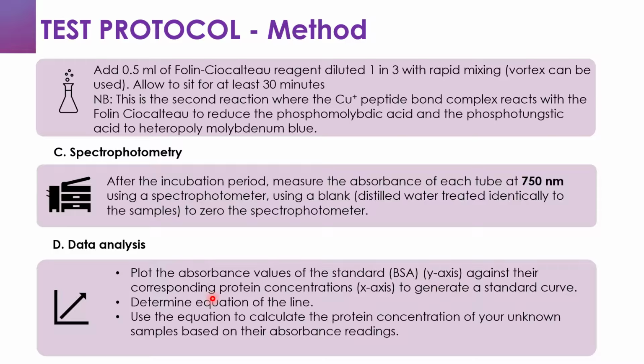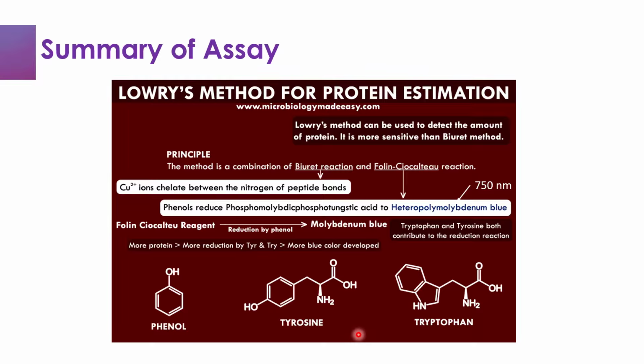After that, we determine the equation of the line, and we use the equation of the line to calculate the protein concentration of our unknown samples based on their absorbance reading. And for detailed info and notes on how to plot a calibration or a standard curve, I would advise you to watch my video on calibration curve for detailed info.